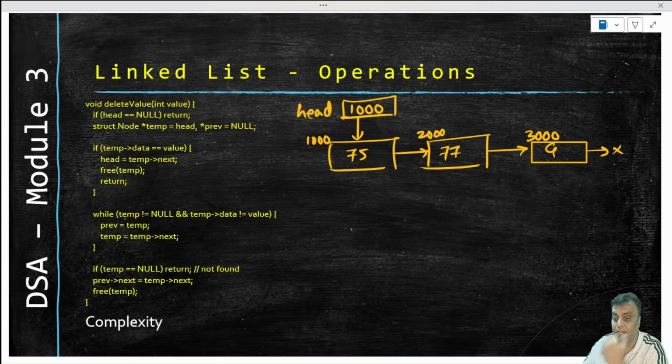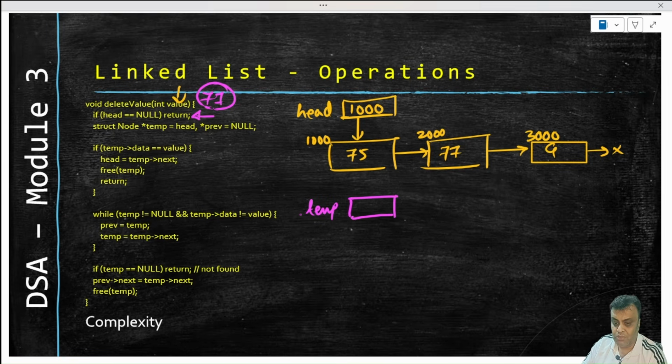Now we are saying delete 77. So if this value we are giving as 77 to be deleted, then what will happen, right? If there is nothing to delete, means head is null, then we will just return. Otherwise we'll take a temp as usual, and this is typically used for browsing, as you know by now.